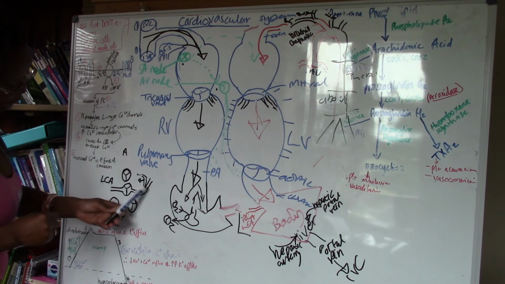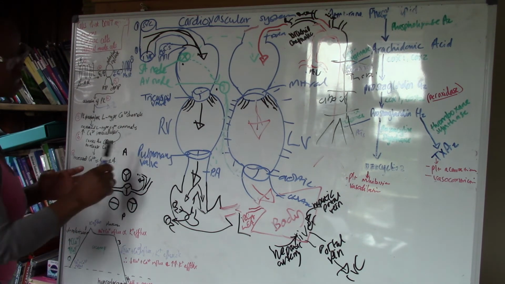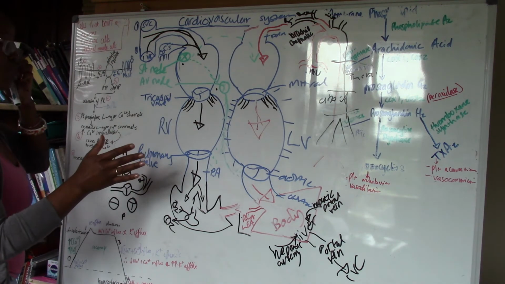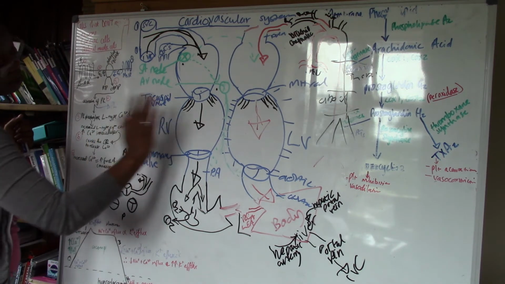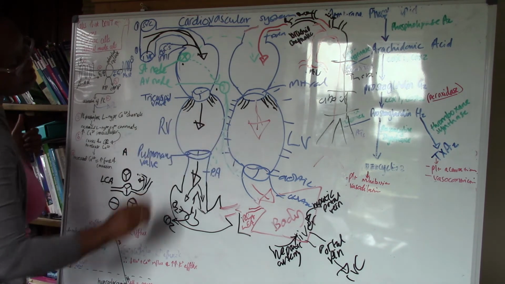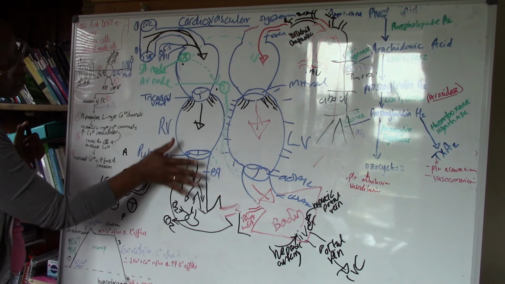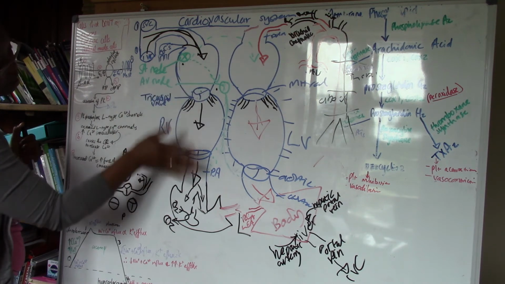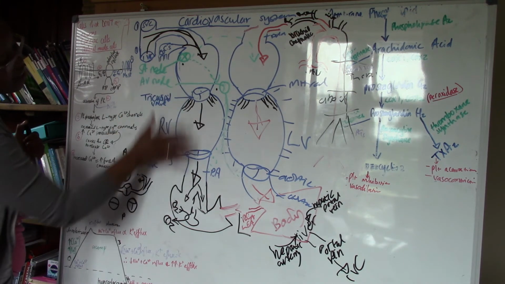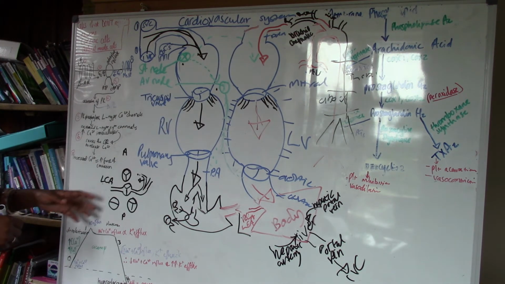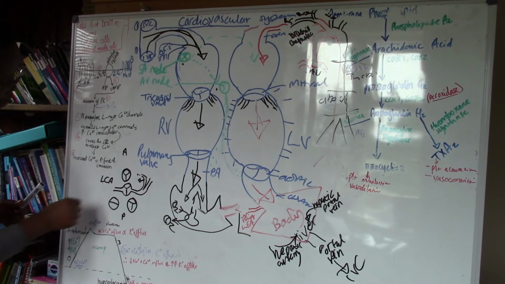The right coronary also gives a posterior descending, which supplies the posterior wall of the ventricles, particularly the right ventricle.